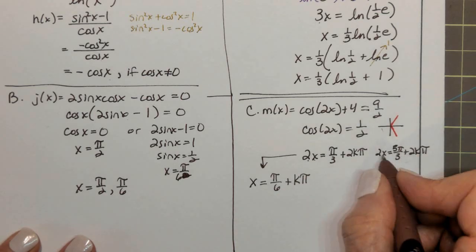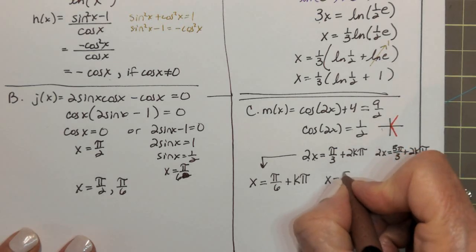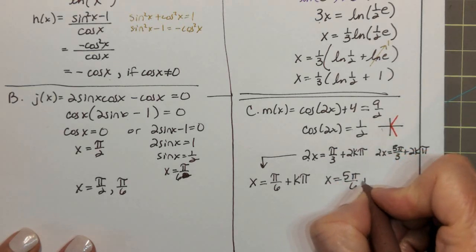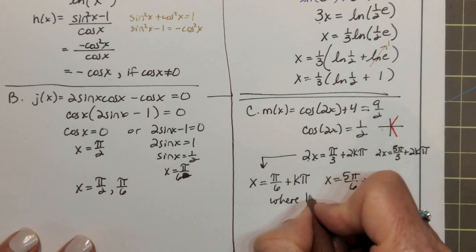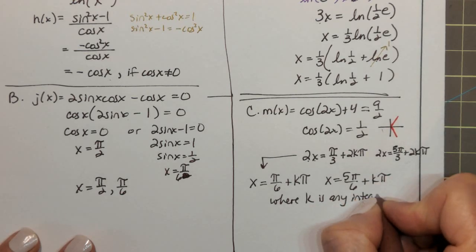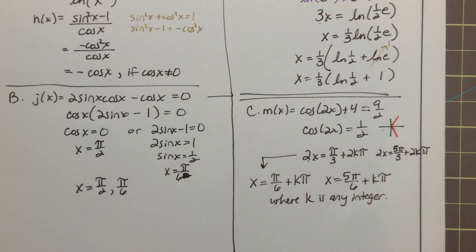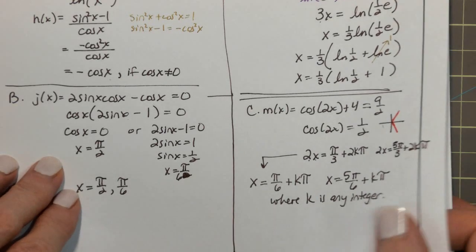Here, I'm dividing both sides by 2, multiplying both sides by 1/2, and I get x is equal to 5 pi/6 plus k pi, where k is any integer. That's how we need to do that one. I'm sure you didn't like that, but there you go.